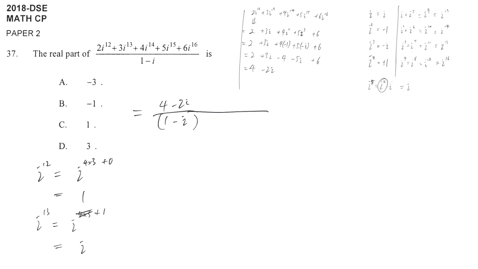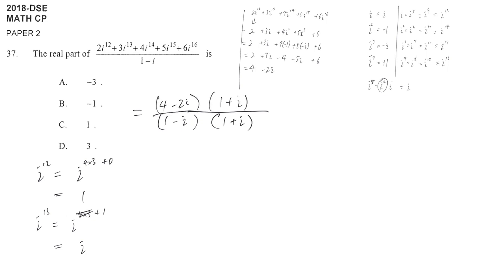If I don't want i below the fraction line, it is called rationalizing. We are going to multiply by something such that after we multiply it, the i will not appear below the fraction line. To do this, we are going to use an identity.